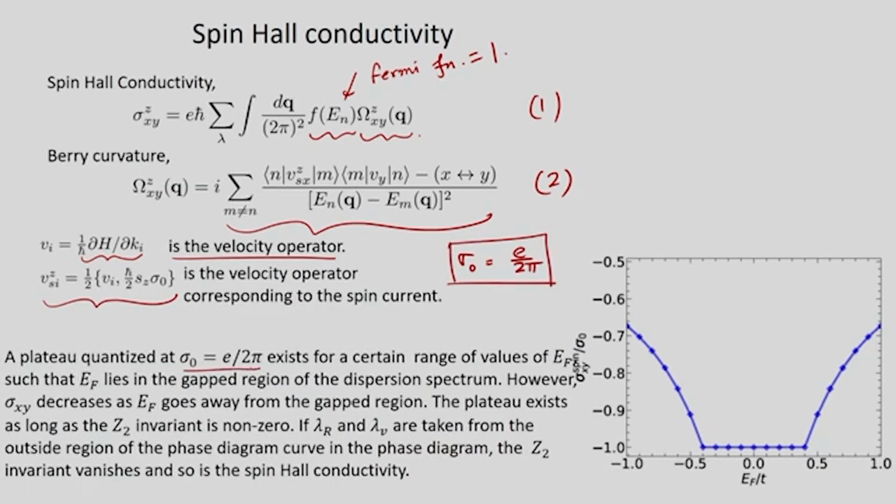So, this is E over 2 pi that exists for a certain range of values of the EF or the bias voltage, when EF lies in the gapped region of the dispersion spectrum.